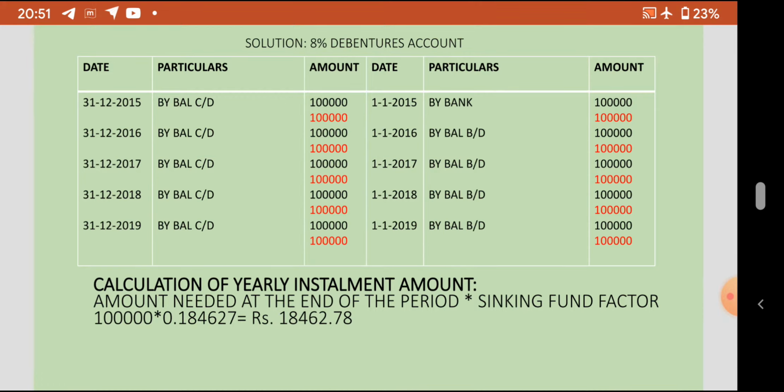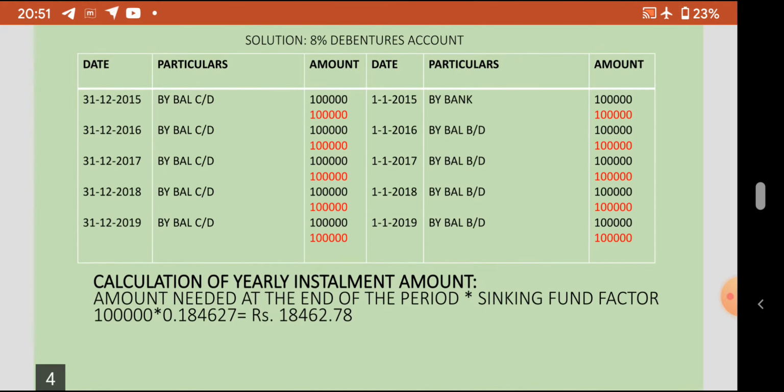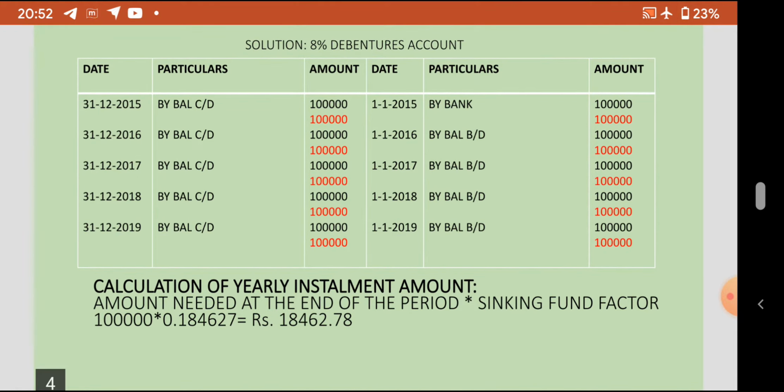It is 1 lakh into the sinking fund factor, also given in the problem, that is 0.184627, which amounts to rupees 18,462.78. So if we invest 18,462.78 rupees yearly, assuming it gives a compound interest of 4%, at the end of 5 years we are going to be left with 1 lakh rupees that can be used to pay off the debentures.